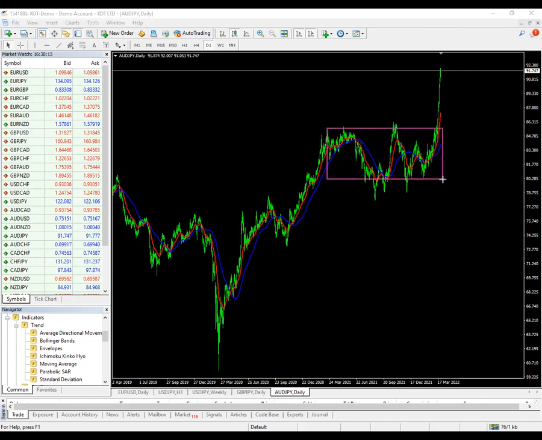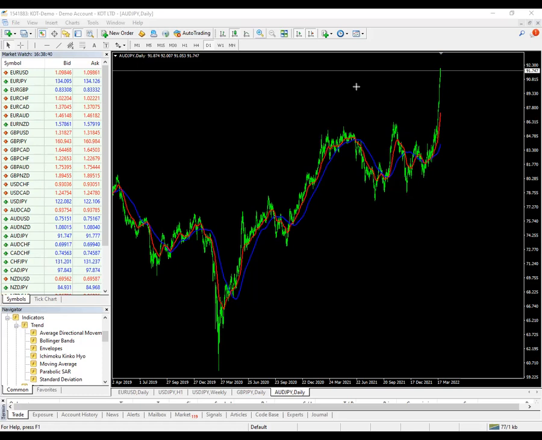It consolidated over here, and then it broke out of the consolidation and gave a very nice trend. Again, you can see the same thing here. There's a bit of consolidation here. It broke out of the consolidation and gave us a nice trend up. So we are saying that moving averages will not be able to give us good decisions during the consolidation phase.